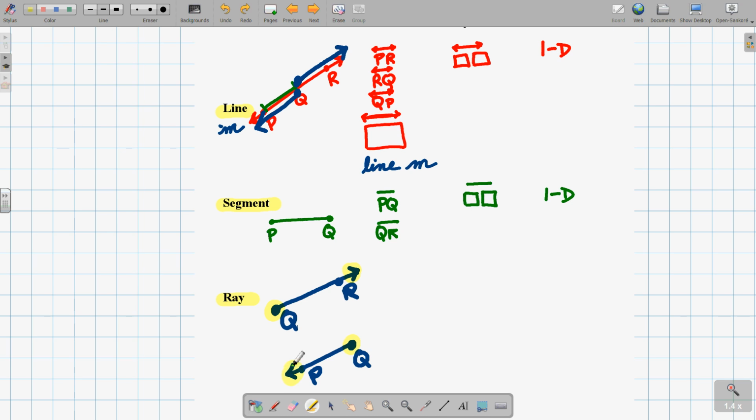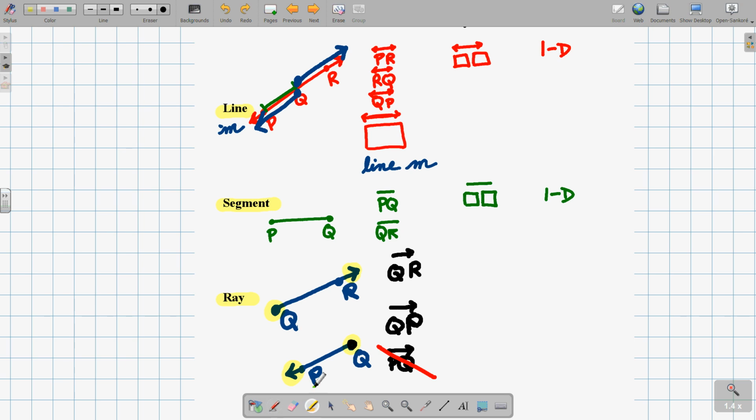Now watch very carefully. Unlike a line and a segment, which have multiple ways of writing, we always name rays first by their endpoint, then by their arrow point, and then do a little baby ray there. So this one, our endpoint is Q. Our arrow point is P. And we write it like that. Warning, if you write it like this, PQ, that would be incorrect.